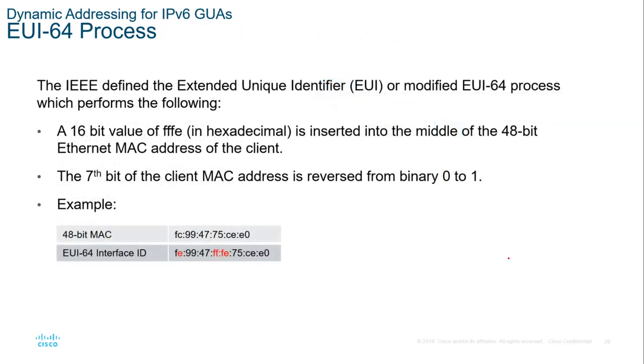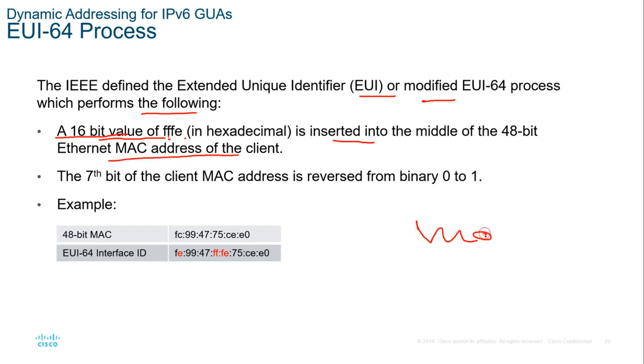The IEEE defines the extended unique identifier, or modified extended unique identifier process, which performs the following: the 16-bit value of FFFE in hexadecimal is inserted into the middle of the 48-bit Ethernet MAC address.